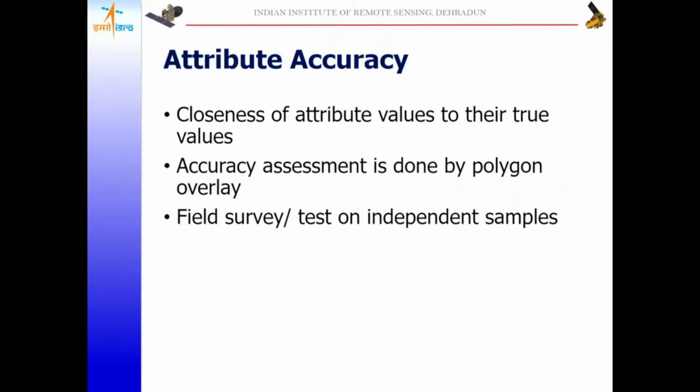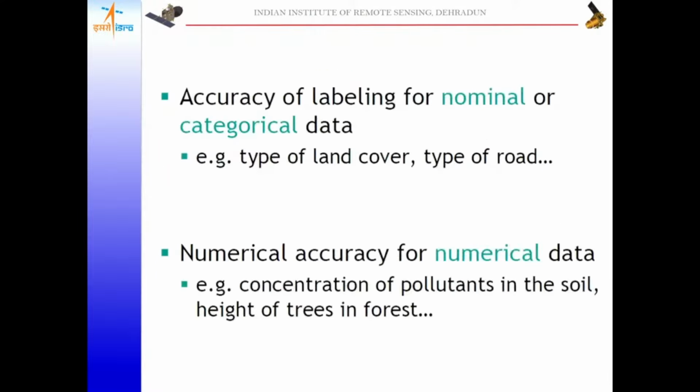Another thing is attribute accuracy, the closeness of attribute values to their true value, whatever the associated attributes are. Accuracy assessment is done by polygon overlay. We can overlay whatever you have created with the reference value and see how much difference there is, and also by doing a field survey on independent samples.